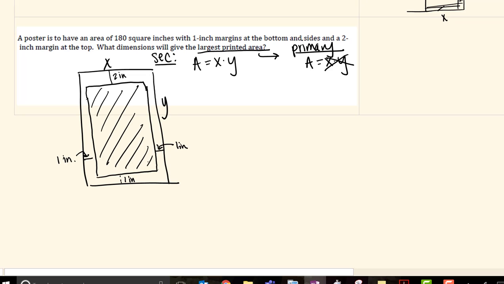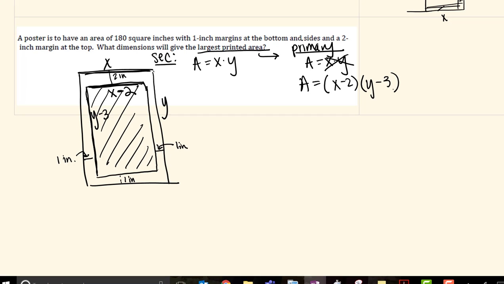And the dimensions for this inner part are going to be a little bit different because my outer dimensions are X and Y, which means this inner length is going to be the original length minus 3, and this inner width is going to be my outside width minus 2, because we're getting rid of those margins. So what we are trying to maximize is X minus 2 times Y minus 3. And that is my primary equation that I'm looking to maximize.